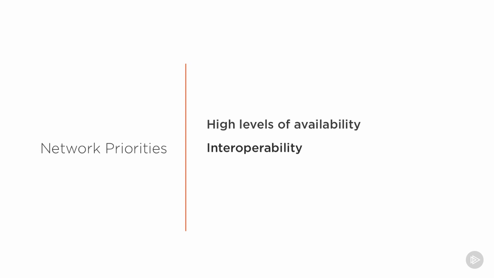But we also have to have all these devices talk to each other. We need interoperability between different pieces of equipment, different systems, and even in different countries. We have to be flexible enough to deal with changing business needs, to be able to add bandwidth when necessary, or in some cases meet peak levels of demand.